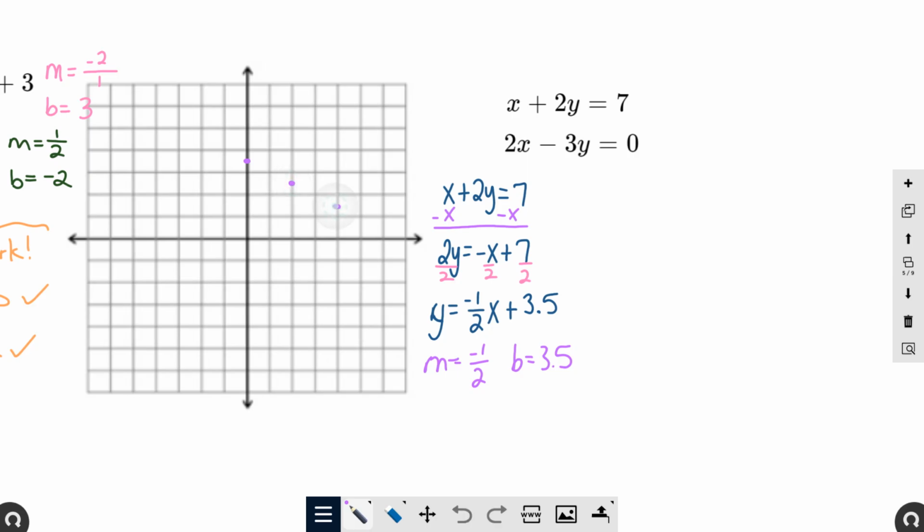So you're staying halfway and then going over 2. So that's what the graph of that one will look like. Start at 3.5. We go down 1 to 2.5 and then over 2. Down 1, over 2.